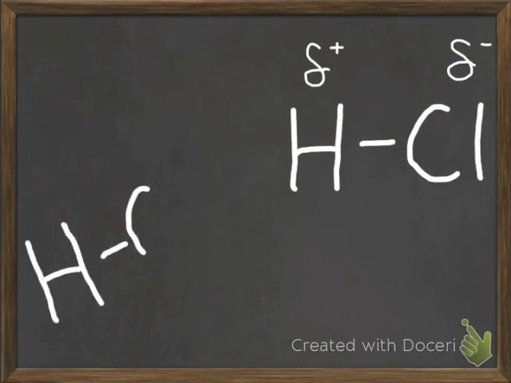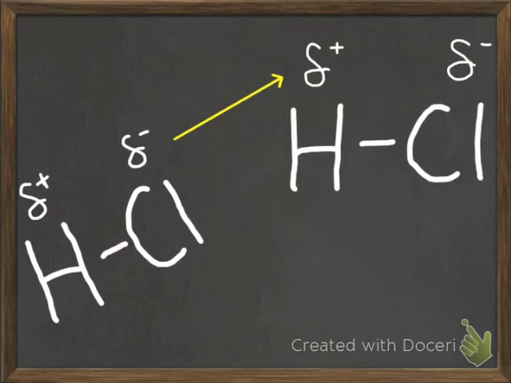Oppositely charged particles attract each other. So what actually happens is the partial negative charge of the chlorine from one molecule is attracted to the partial positive charge of the hydrogen on a molecule close by.